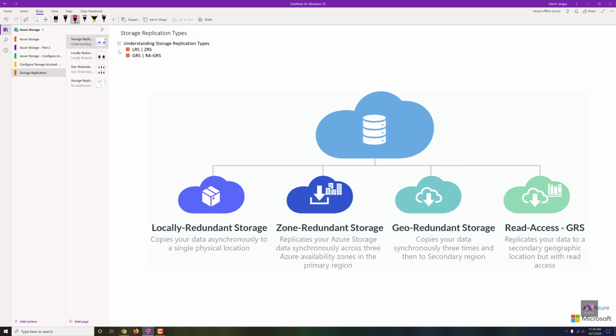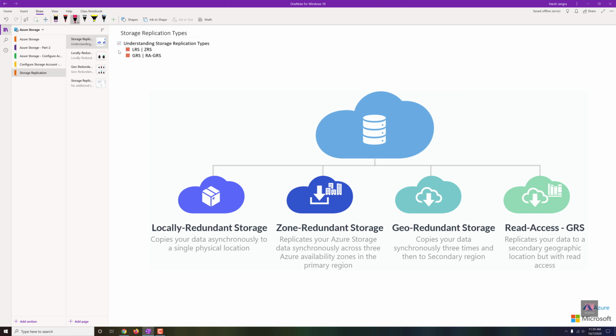We already got an understanding of these topics, and we are very clear which storage account type we have to choose during creation. Apart from that, I did not mention what exactly the storage replication types are and how you need to choose the right one for you. Don't worry, we are going to cover much more in detail in this video, and after this, your concepts are going to be very clear about which storage replication type you have to choose while creating your storage account.